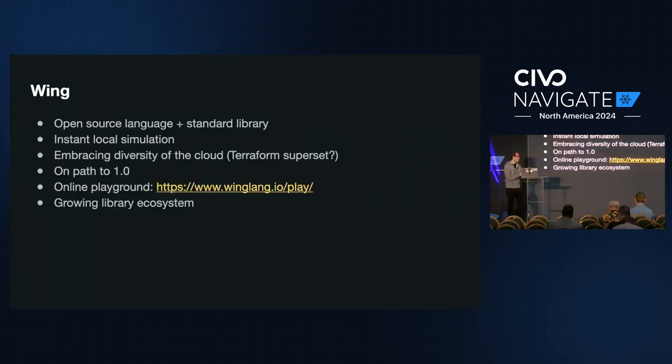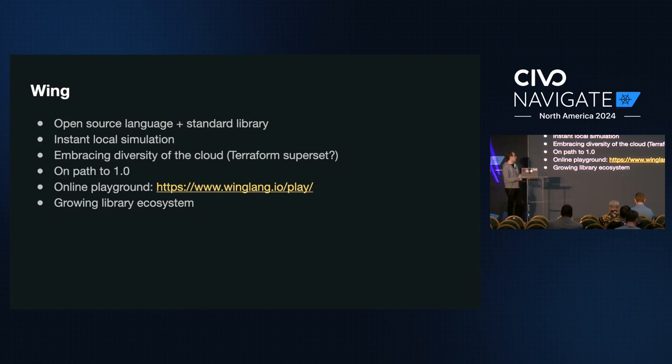So to recap, it's an open source programming language. It's all on GitHub: the language, the compiler, the standard library. We're aiming for this instant local simulation experience that really improves your iteration times. It's designed around embracing the diversity of the cloud.